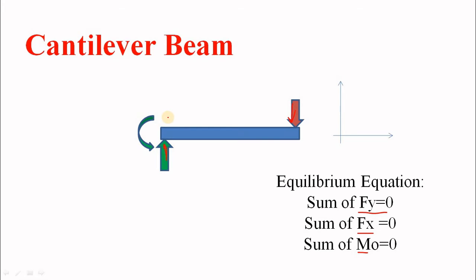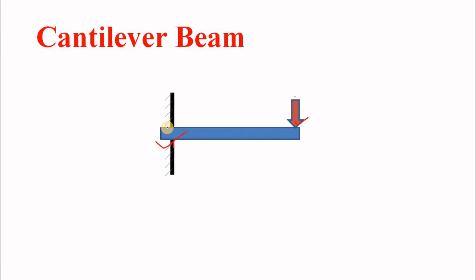So you can ask me, where is the moment? Well, if this is the support, when you apply a load like this, now stand here and stretch your hand like this. If I put a load on your hand, you will feel a bend here. That is the bending moment.